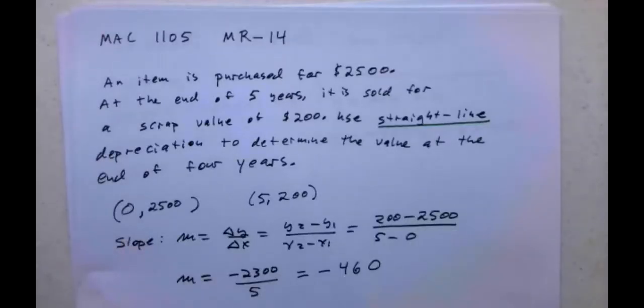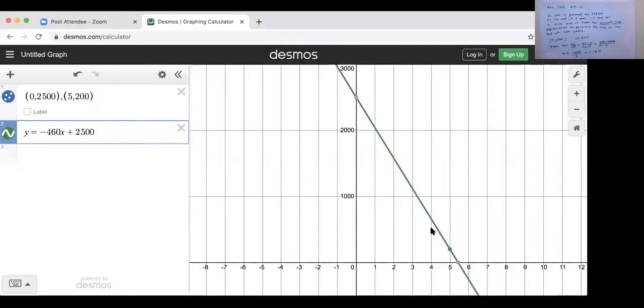So that means when x is 4, what is the y value? It looks like we get to 660 just by moving the cursor on the graph. But we can also do that using our formula.